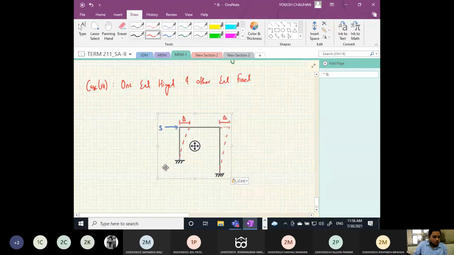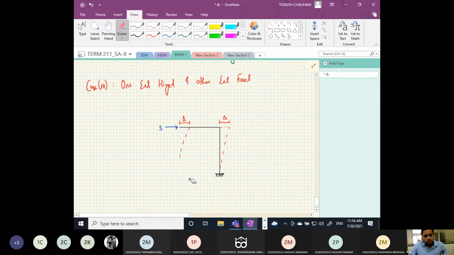So here, let us say this is the hinged end, A, B, C and D. Let this be L1, I1, this be L2, I2.